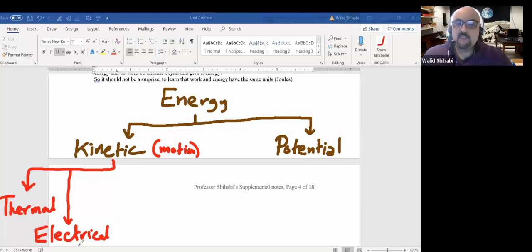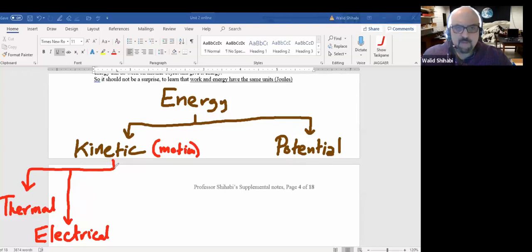So electrical energy is movement of charges. We said that thermal energy is internal movement of molecules due to heating, while electric energy is due to motion of electric charges through conductors, electric wires. Conductors are made of highly conductive materials such as copper that allow the charges to move through them. So that's the second type of kinetic energy.